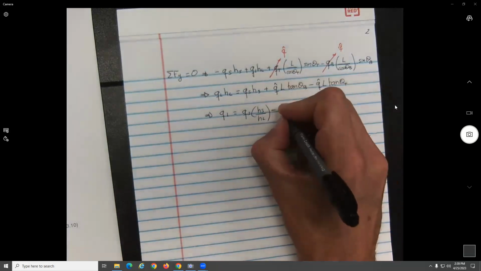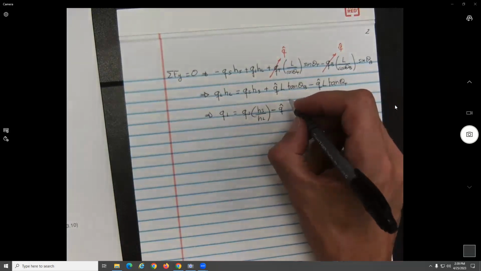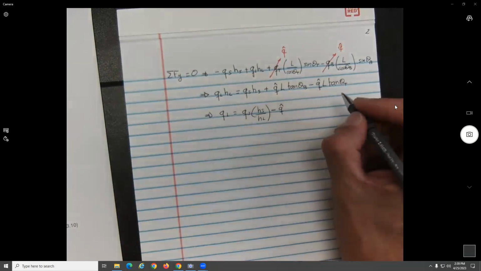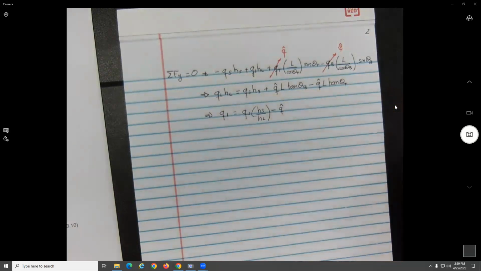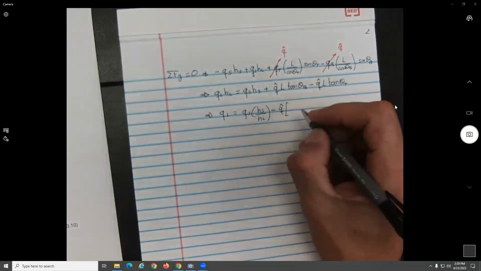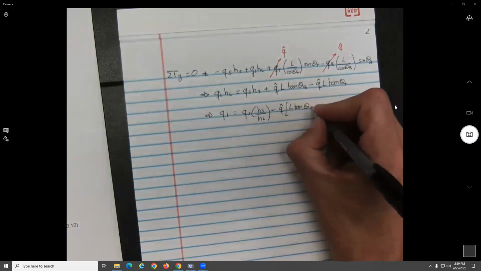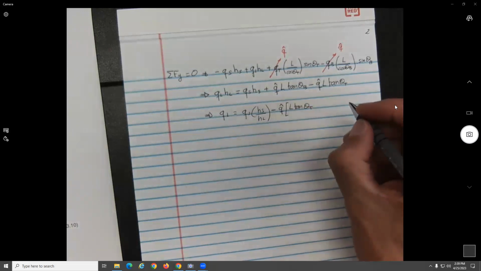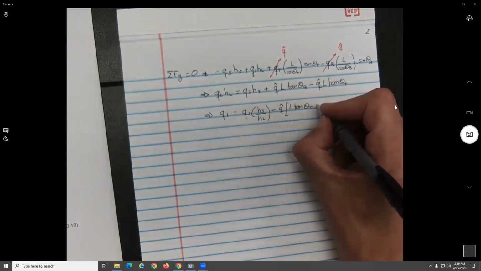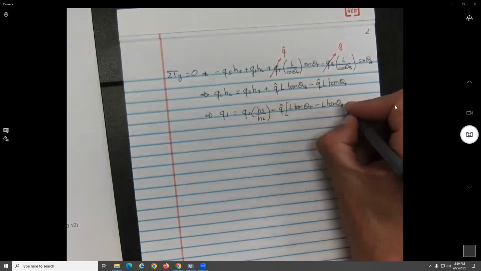Okay, so here I'm going to change the notation. Be careful with this. Minus Q hat of L tangent theta top minus L tangent theta bottom.